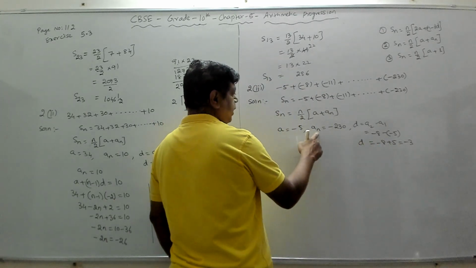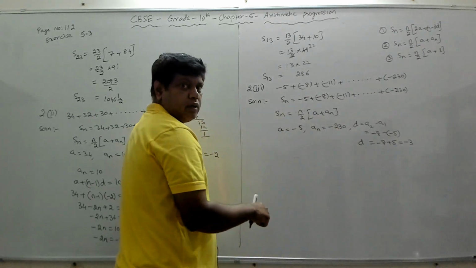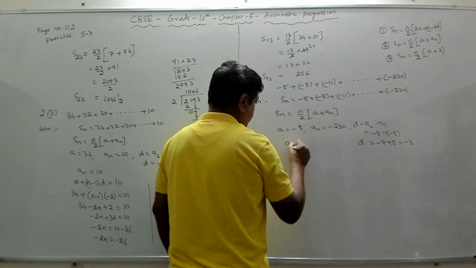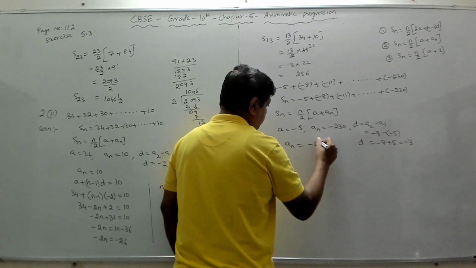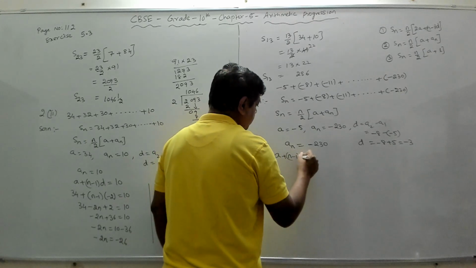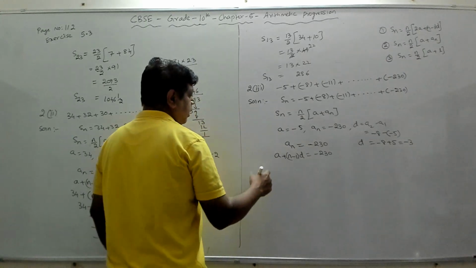Now let's find n. We can find n because the nth term is minus 230, and we know a and d. So an is a plus n minus 1 into d, equal to minus 230. A is minus 5, d is minus 3.